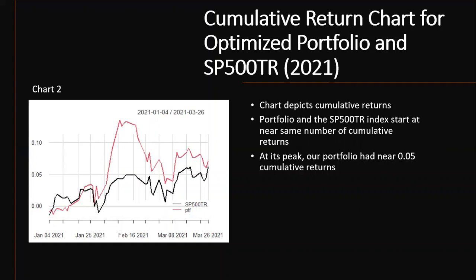At its peak, our portfolio had an average of around 0.05 cumulative returns in the month of February. Even after February, our portfolio is still consistently above the SP500 TR index. Thus, we can determine that our portfolio appears to have a higher cumulative return on the average compared to the SP 500 TR index.